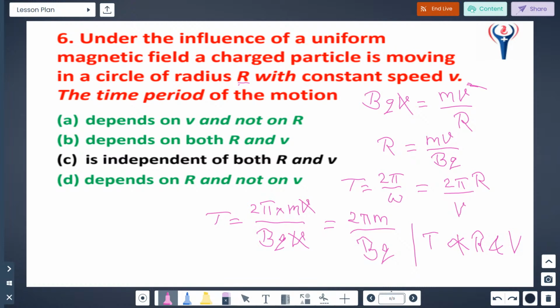Not only the time period, frequency also. Frequency and time period are independent of the radius of the circular path and the speed of the particle. They only depend on m, the mass of the particle, B, the magnetic field applied, and Q, the charge of the particle. Depends upon only these three factors. Okay, let's move to the last problem.